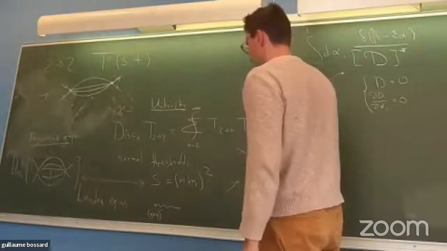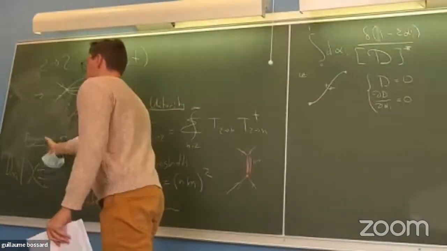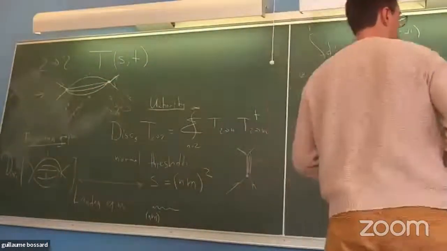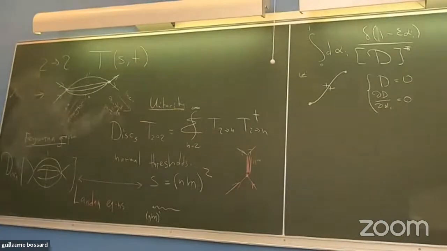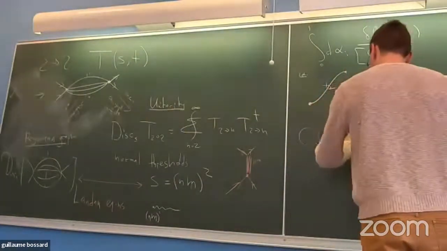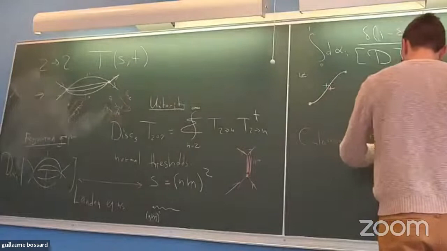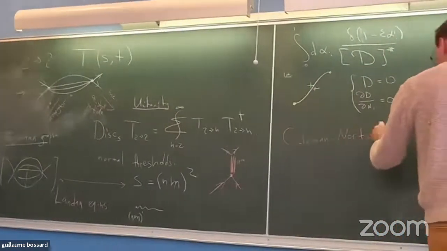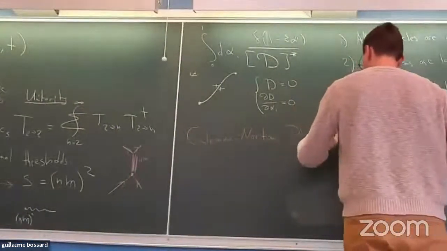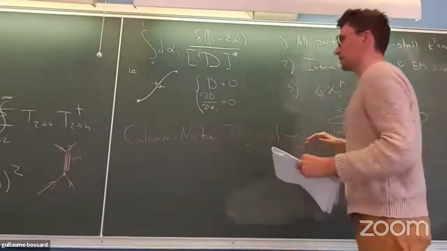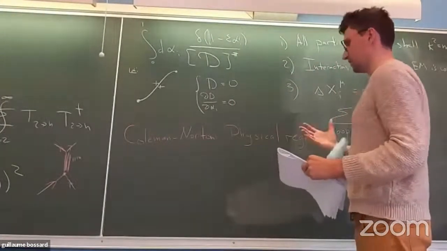So this is a space-time movie for the solutions to Landau equations of this graph, and it corresponds to the normal threshold. Anyhow, this is just a review, and the famous fact related to that, which is due to Coleman and Norton, is that if you are in a physical region, by which I mean the part of the kinematic space which you access in a physical experiment.